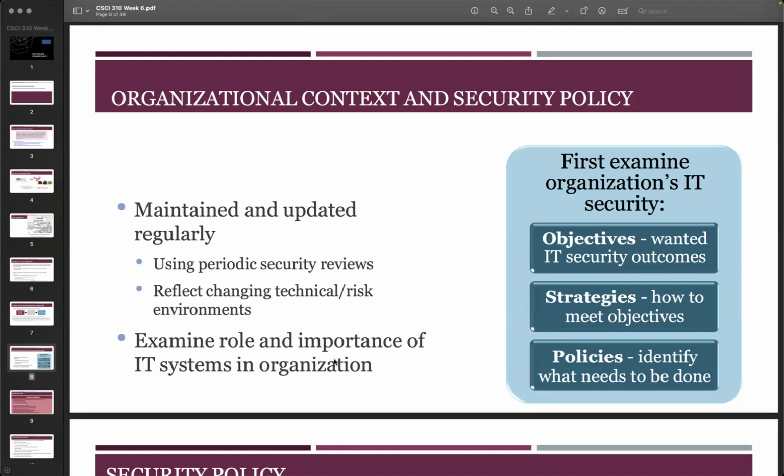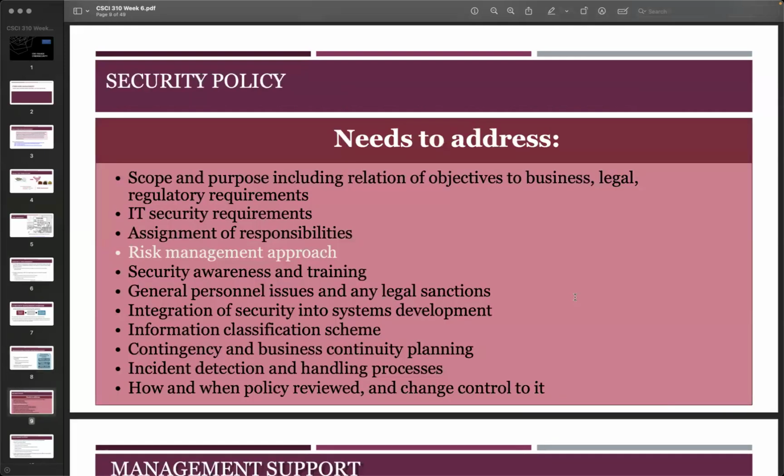So we check, and also examine the role or importance of IT systems in the organization. So you see, check the objective here. We want the IT security outcome, and then what are the possible strategies we're going to apply? So how can we meet it? And then we need to set the policy and identify what needs to be done.